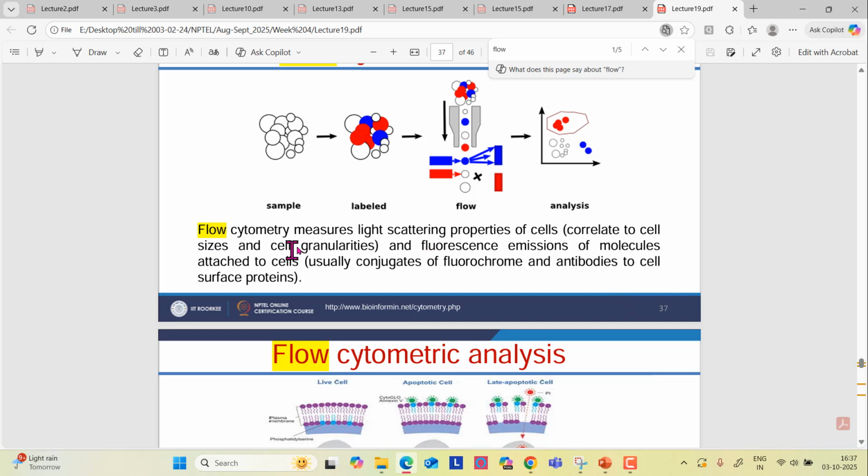Flow cytometry measures light scattering properties of cells, which correlate to cell sizes and cell granularities, and fluorescence emissions of molecules attached to cells, usually conjugates of fluorochrome and antibodies to cell surface proteins.